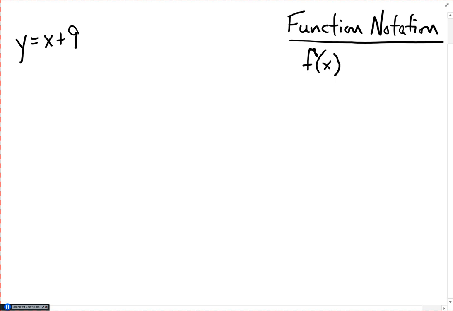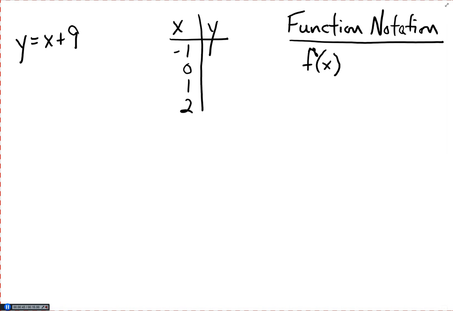And if I wanted to, I could make a table of values for this function. Let's say I'm going to have some x values, let's say -1, 0, 1, and 2. And if I want to find the y values that are associated with each one of these x values, then I would just take -1 and I'd substitute it here for x, and y would then be equal to -1 plus 9, which is 8.